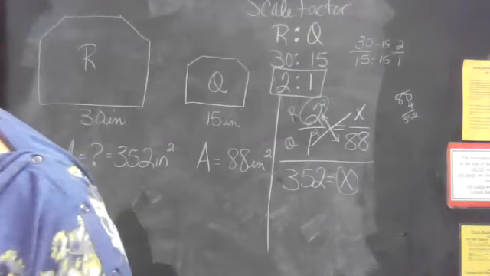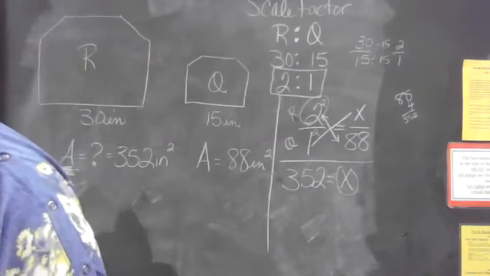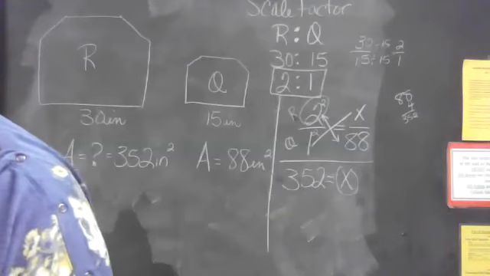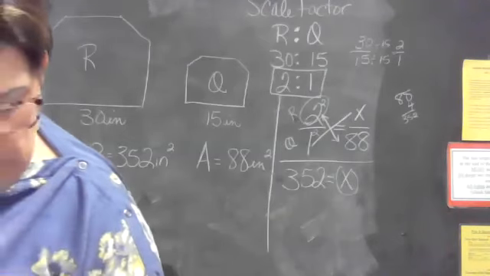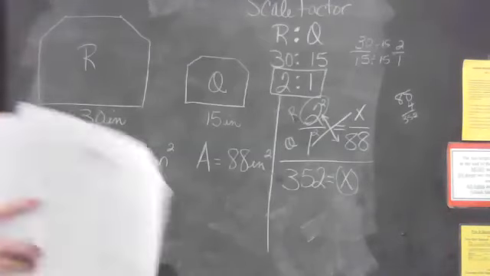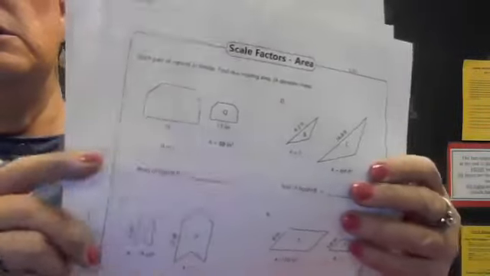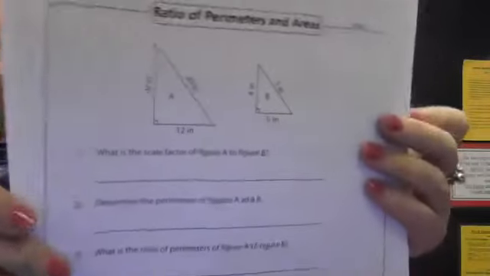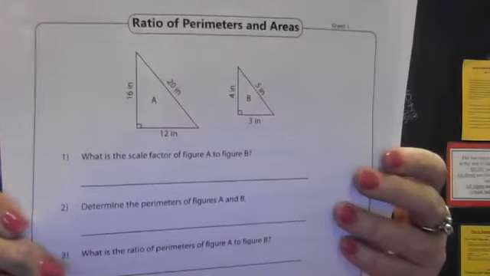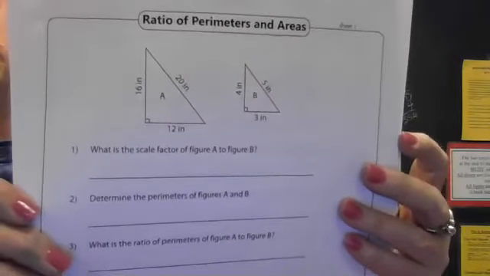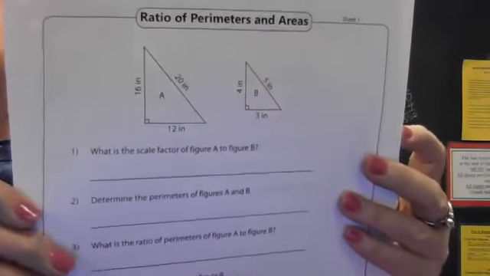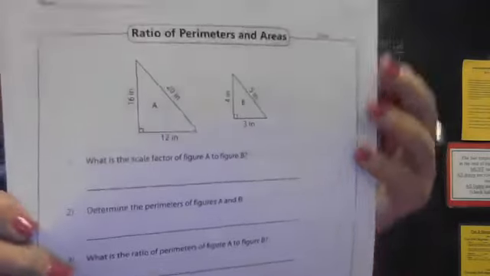Let's just look at the next 3 pages in that worksheet. I want you to try to do those. The next page looks like this. It's going to ask you questions about the perimeter or area scale factors. That will just take some thinking.